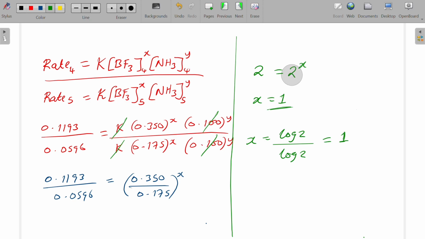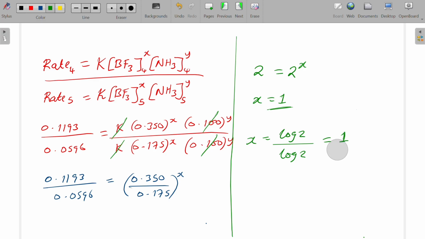Here you have a 2 holding the variable x, and here you have a 2 that is not holding any variable. So you say log of the number that is not holding the variable you're looking for, divided by log of the number holding the variable. That's what we did here: log 2 on top, divided by log 2, the 2 that is holding the variable, giving us 1.